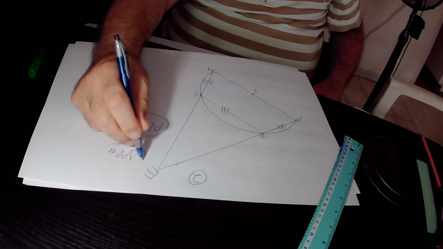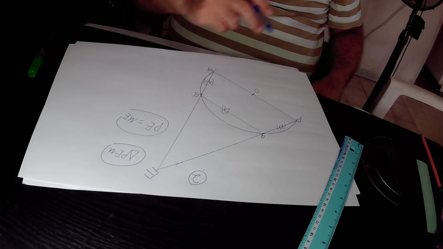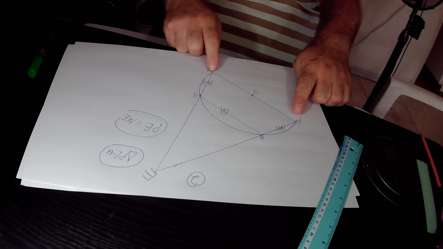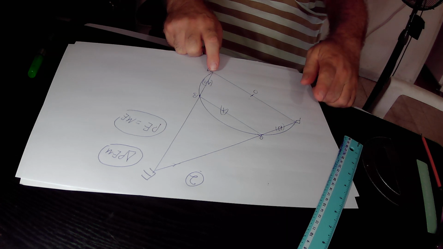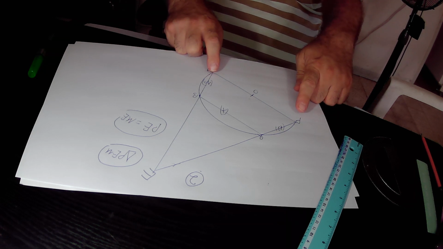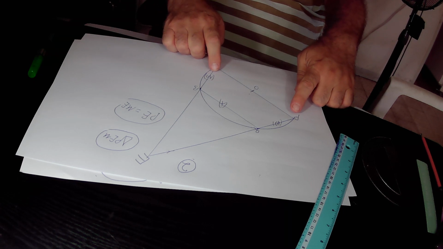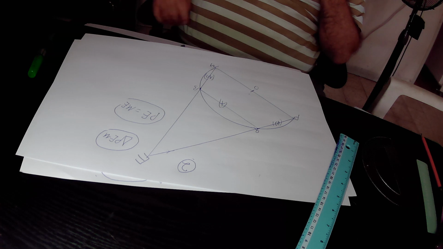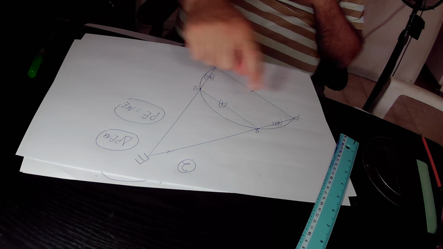Triangle PEM is an isosceles triangle because side PE equals side EM. Those are the two base angles of the isosceles triangle PEM, and they must be equal to each other. I will prove that those two angles are equal, according to the rule that in front of equal sides in a triangle there are equal angles. EP is equal to EM.